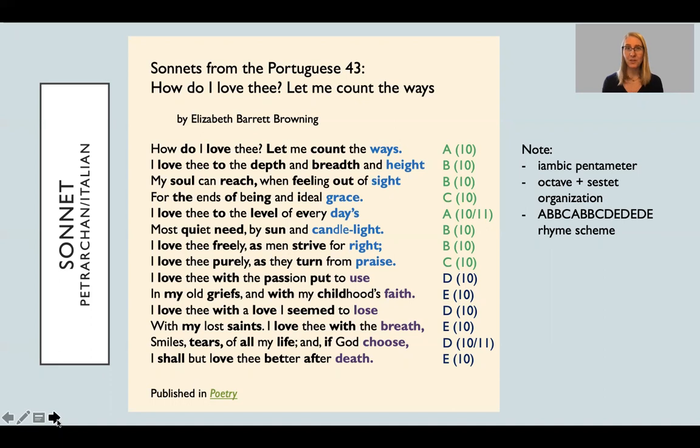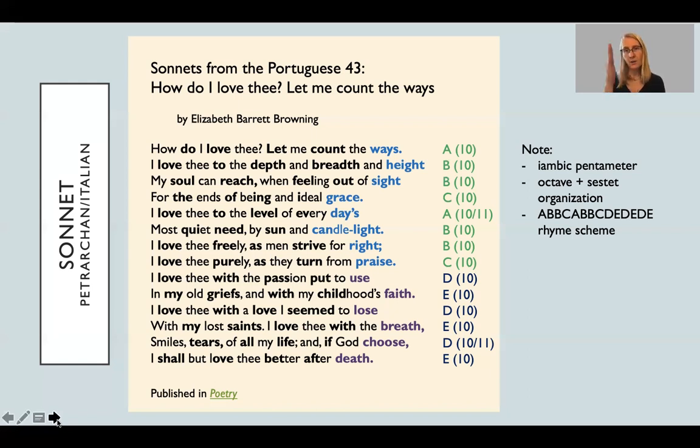Which goes back to what Shakespeare was doing. You'll also see that the last word of the line is blue. And so I've identified by color at the ends of the lines those first 8, and then those last 6, are octave and sestet, so that you can see that as we move through the poem.